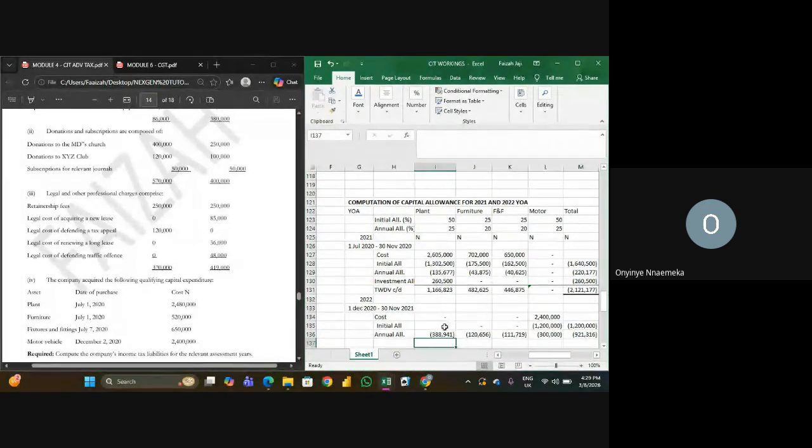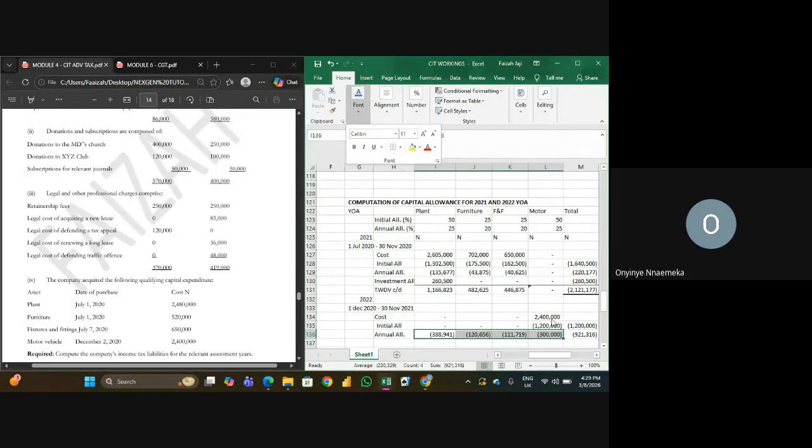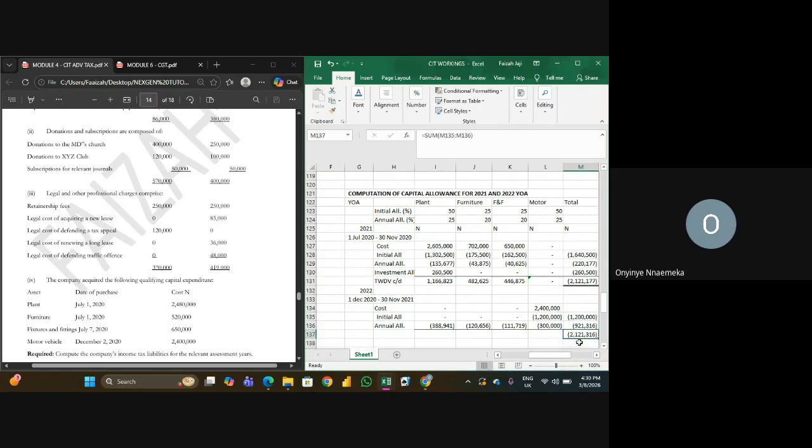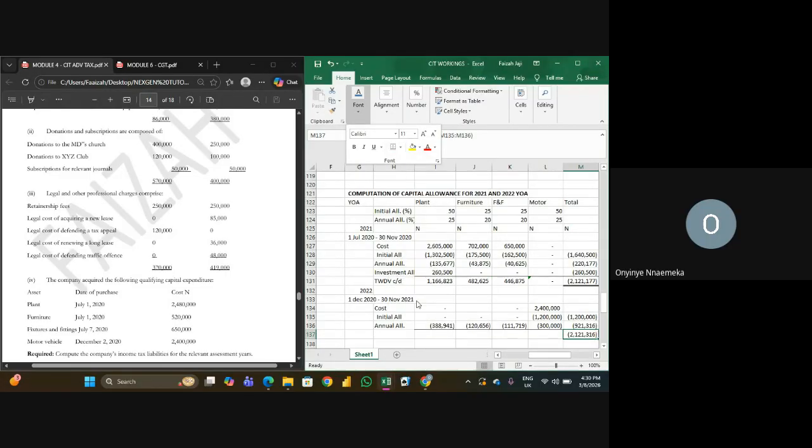Guys, I hope we are not confused, because it's not the first time we'll do this. So tax written down value.